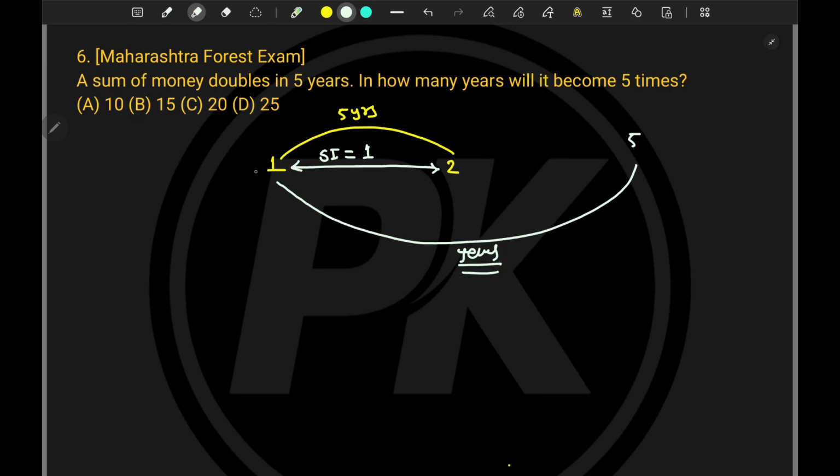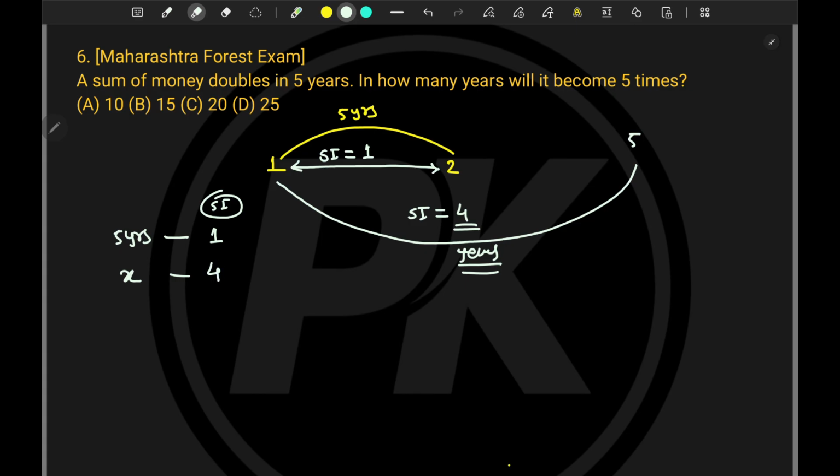And now, to become 5, how much is the simple interest from 1 to 5? It is 5 minus 1, which is 4, right? So in 5 years I am getting, let's say this is SI, SI of 1. So in how many years should I get the SI of 4?